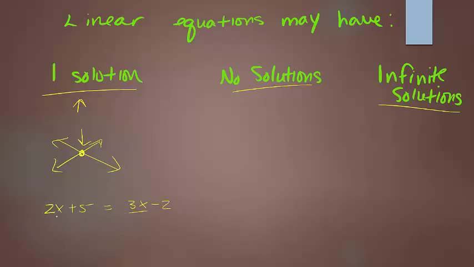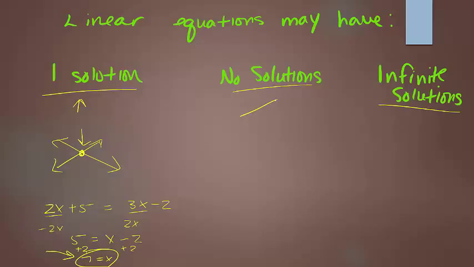They will intersect at exactly one spot. In the end, if we bring that 2x over, we get 5 equals x take away 2, 7 equals x. If you get x equals something, this means that there is exactly one solution.